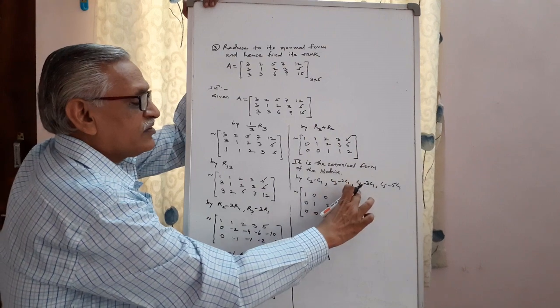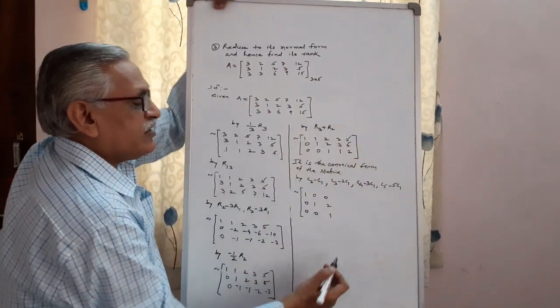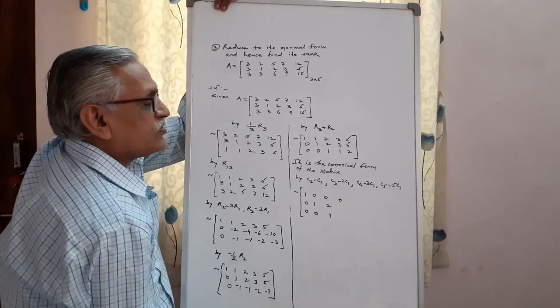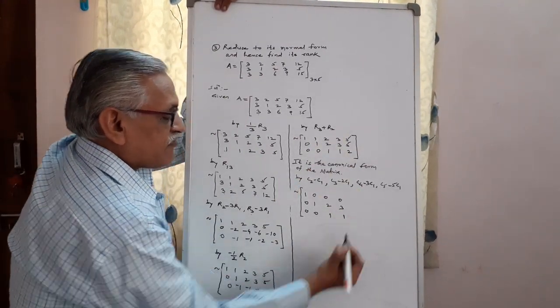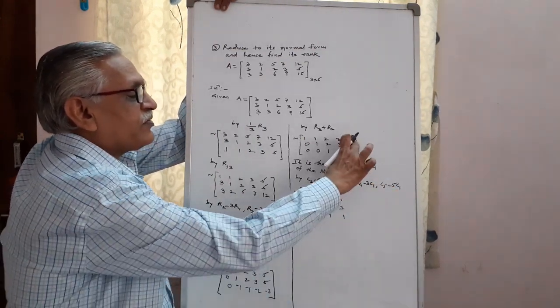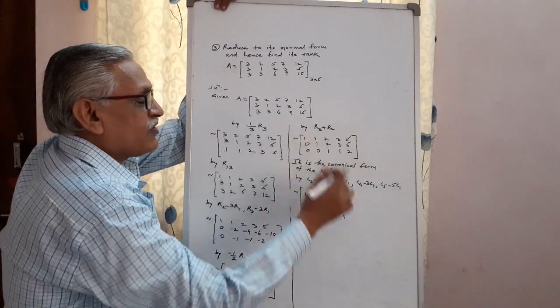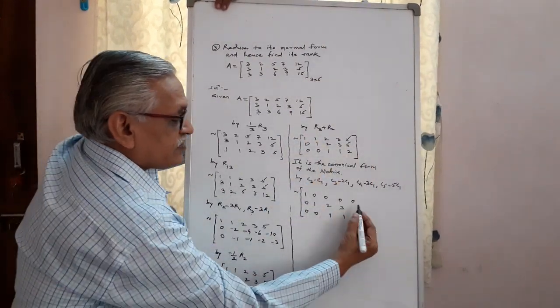Then C4 minus 3 C1: 3 minus 3 times 1, 3 minus 3 we get 0, this 2 as it is. Then last, C5 minus 5 times C1: 5 minus 5 times 1, 5 minus 5 we get 0 here, this 2 as it is.